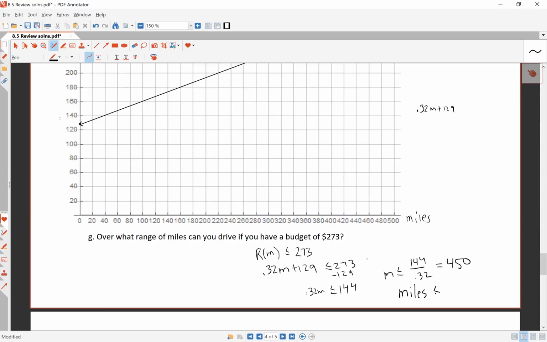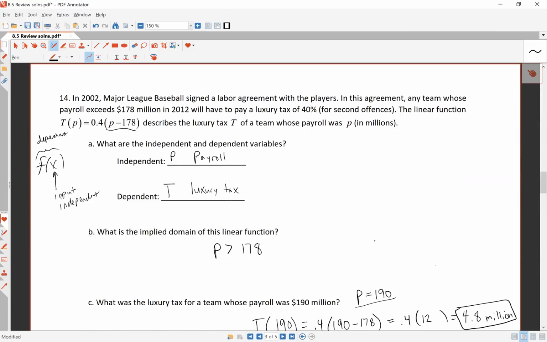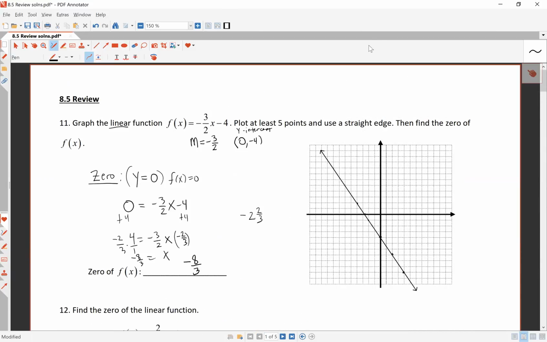So the miles must stay at or under 450, and we will stay within our budget of $273. And this concludes the video for section 8.5 review.